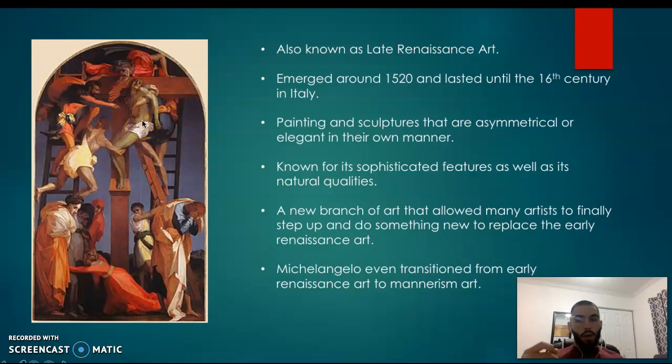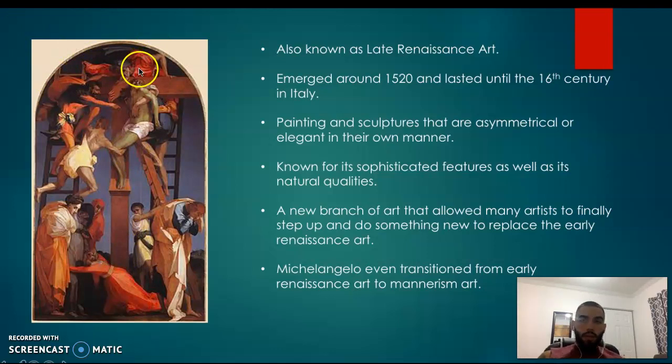So while the early Renaissance focused on non-religious themes, you see here where Mannerism would try to throw some religion in there, because some people would depict that as being Jesus and this cross type thing.